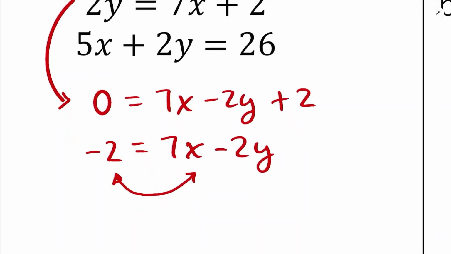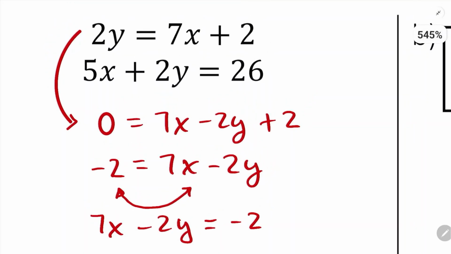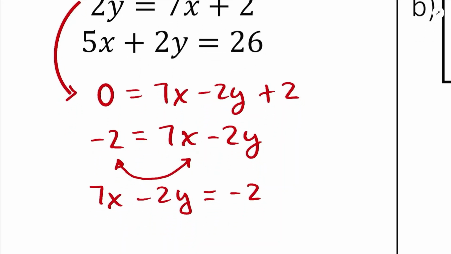So I could flip this and get the following: 7x minus 2y is the number negative 2. So this is now an equivalent equation to the top one. And I obtained this just by manipulating things.